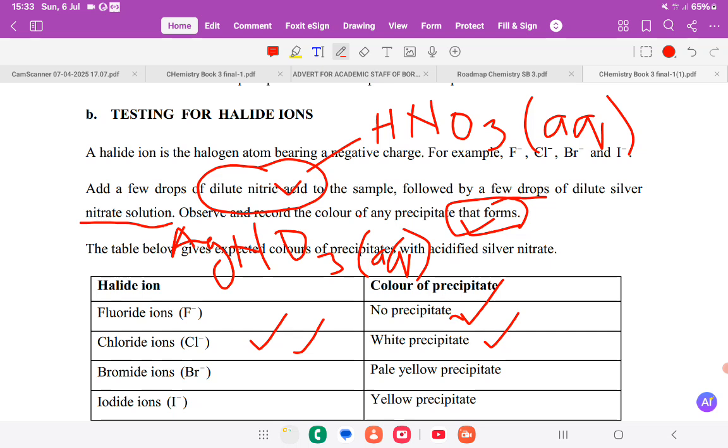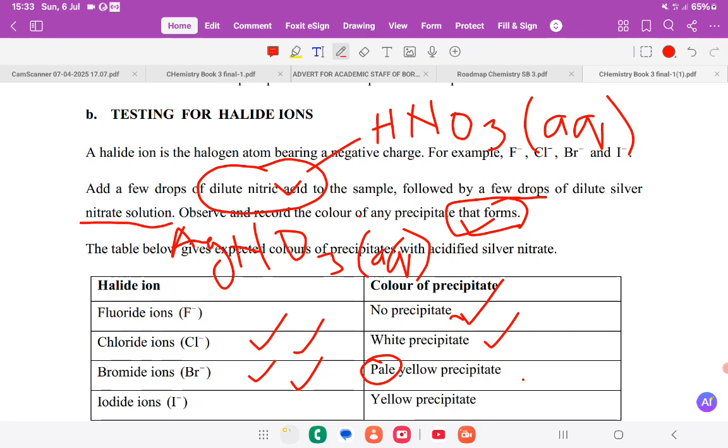However, if it is bromide ions present, then you look for a yellow precipitate. So a yellow precipitate is an indication that the solution contains bromide ions. Also notice that this is pale, meaning a faint yellow precipitate.